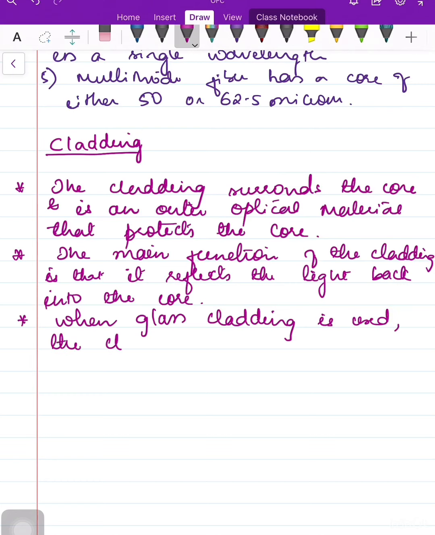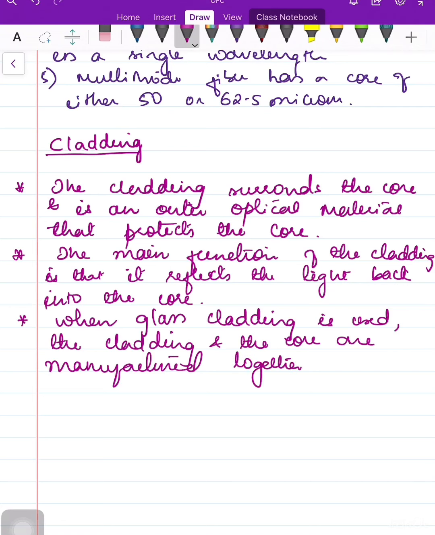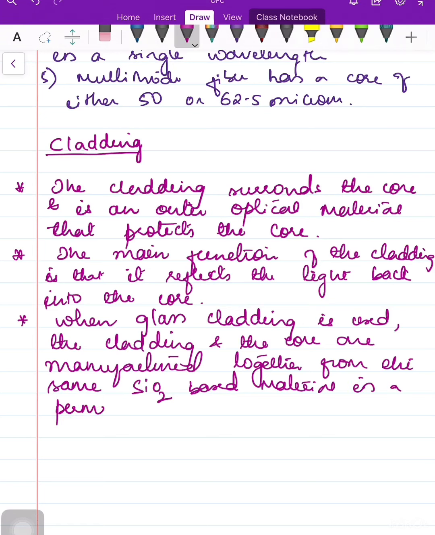Both the cladding and the core are manufactured together from the same silicon dioxide based material in a permanently fused state.